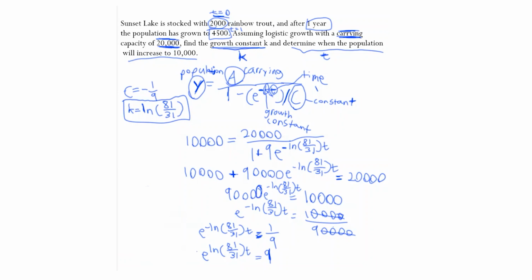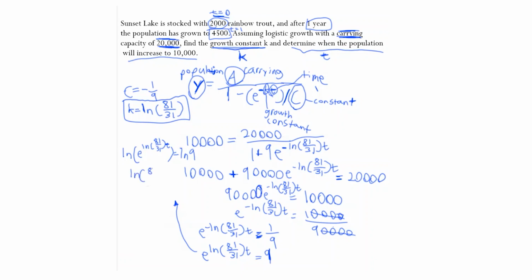And then from here, we can take the natural log of both sides. And then natural log of e is just 1.